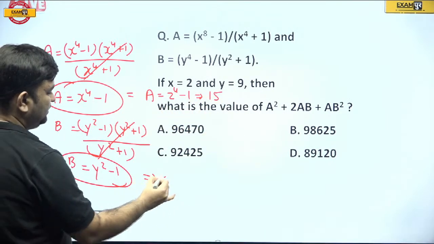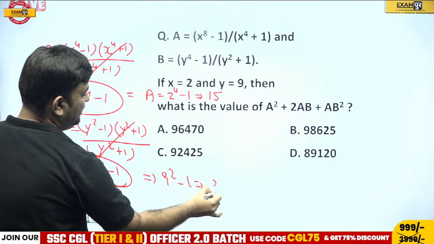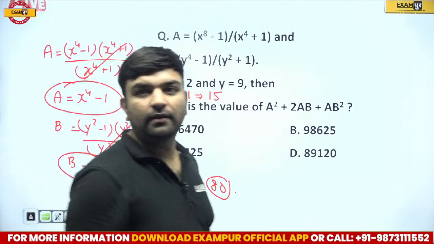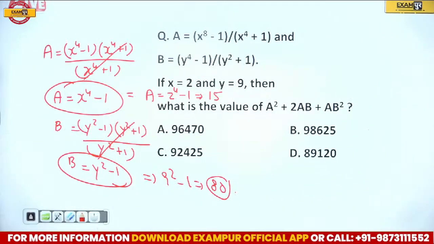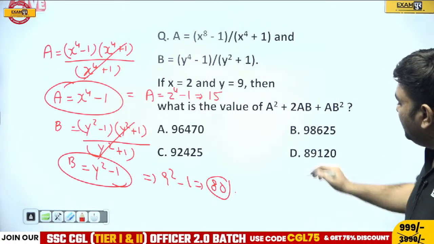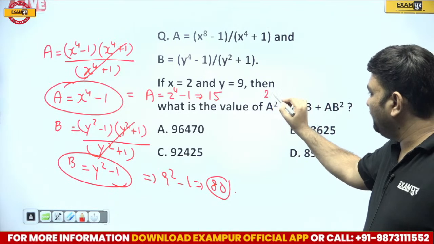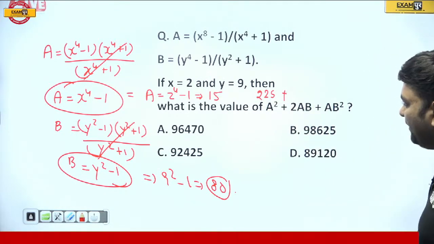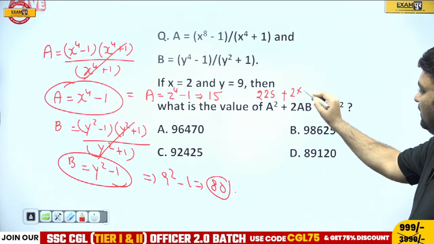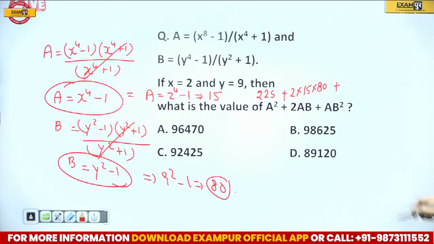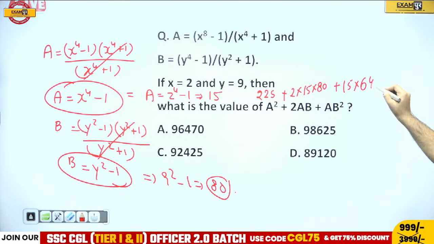Y is 9, so B is 80. A is 15, B is 80. 15 square is 225, and 2AB. And what is AB square? 15 into 80 square, 6400.